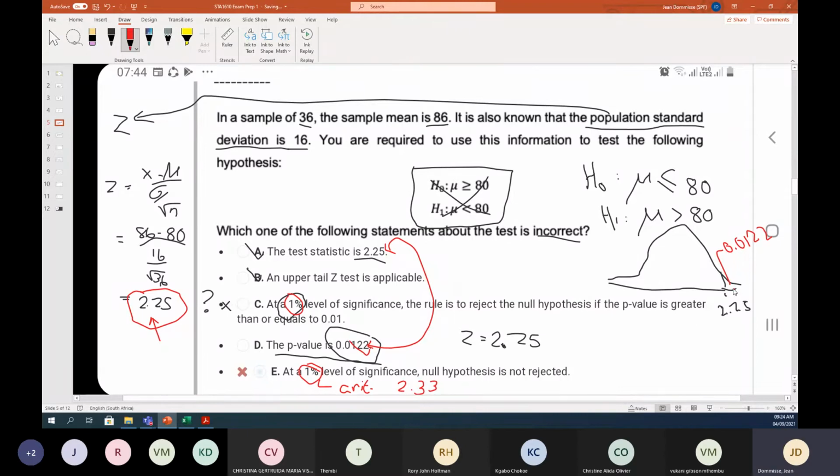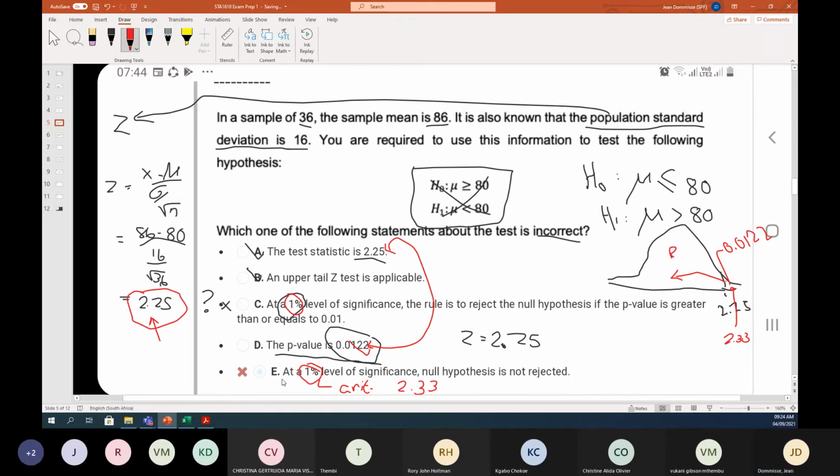Okay, so it's slightly more. So if the T-stat that we calculated is less than the critical, we do not reject.